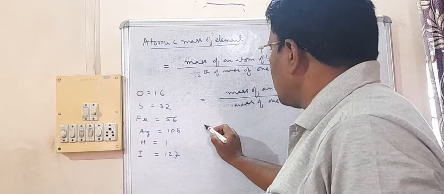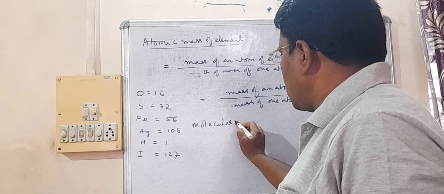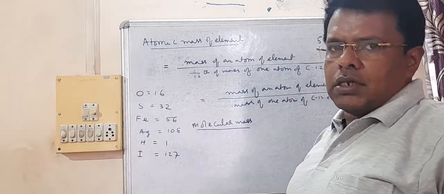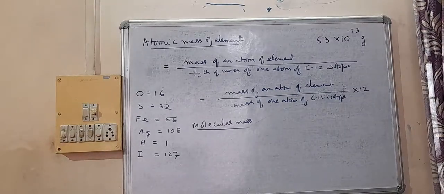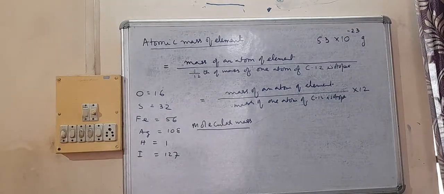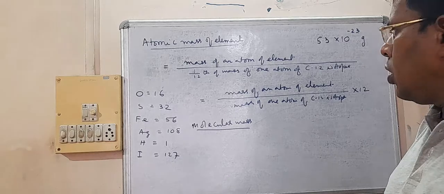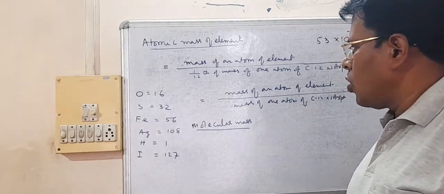Now in the same way, suppose molecular mass. This is obviously for a molecule, and you know that molecules are formed by the combination of atoms. Two or more atoms combine to form molecules, and for molecules it will be molecular mass.